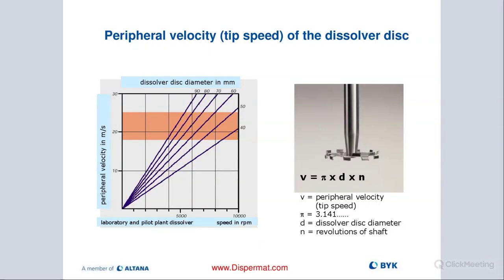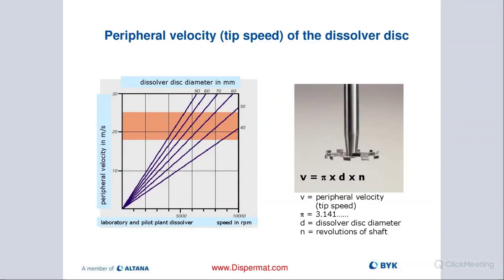But if you have an older dissolver and want to figure it out, it's pretty simple. All you do is take your RPMs, multiply by pi, 3.14, and then by the diameter of your milling or Cowles blade disc, and then divide everything by 60. But you have to express the blade diameter in meters.